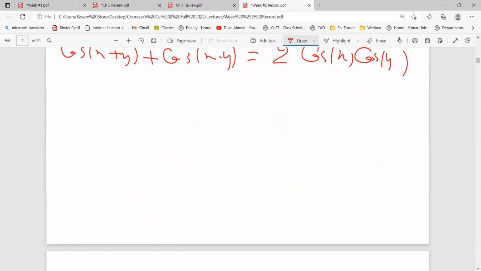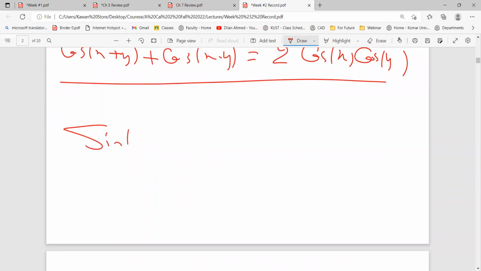How about if I have, for example, sine of 2x plus 1x? I'll get what? Instead of x and y, change it to 2x plus 1x.